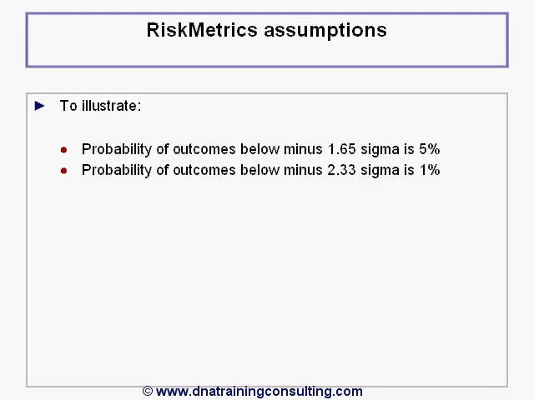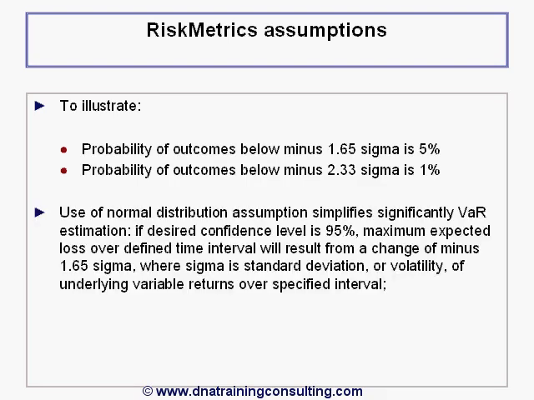Use of the normal distribution assumption simplifies significantly the estimation of VAR. If the desired confidence level is 95%, for example, the maximum expected loss over a defined time interval will result from a change of minus 1.65 sigma, where sigma is specifically the standard deviation or volatility of the underlying variable returns over the specified interval.